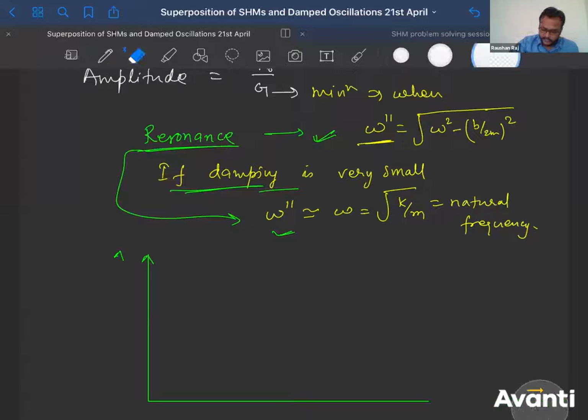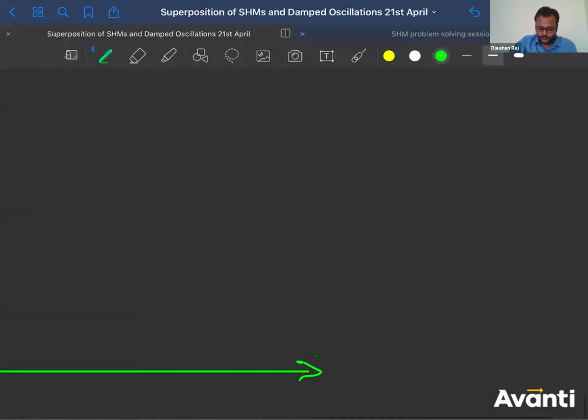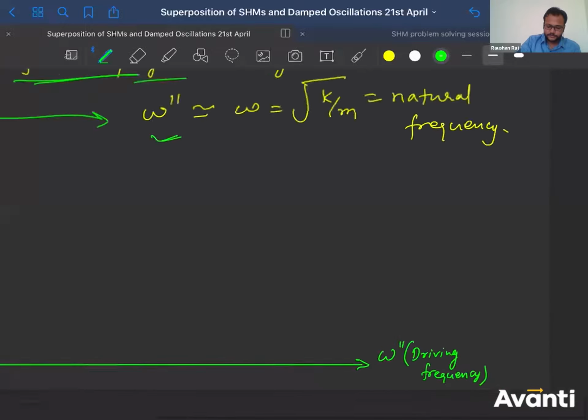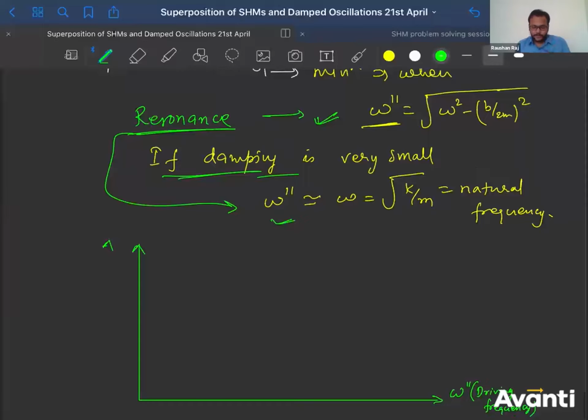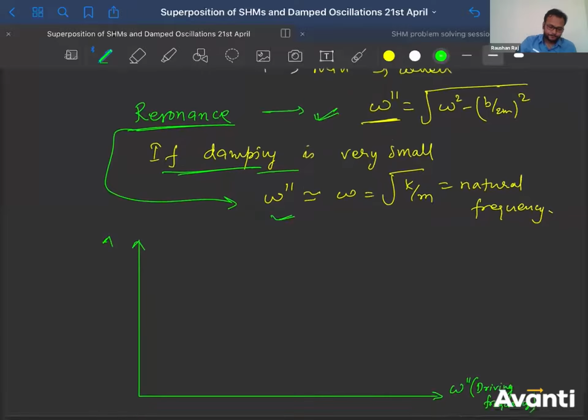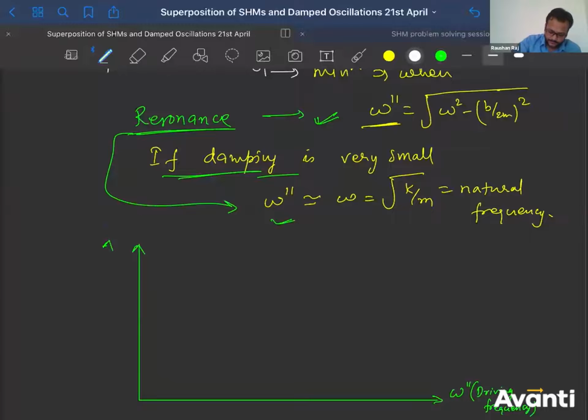Omega double dash is nothing but the driving frequency. Let me write that properly. So omega double dash, that is the driving frequency. Now if you are going to draw the graph for this, I'll say the graph will look like this.